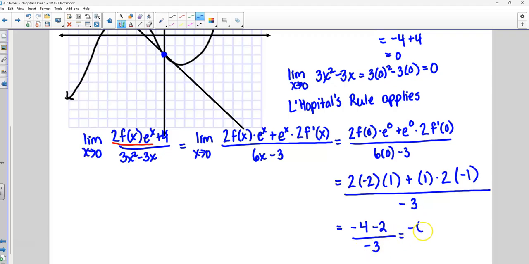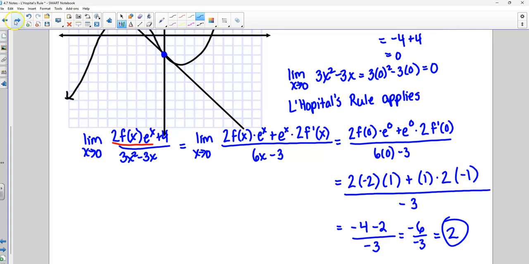So we're going to get negative 6 over negative 3, which will give us a positive 2. You're forced into L'Hopital's rule in this case. There's no other way to solve it, given what they have given you for this problem.